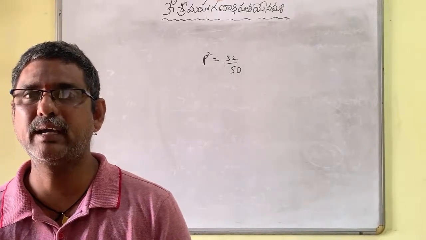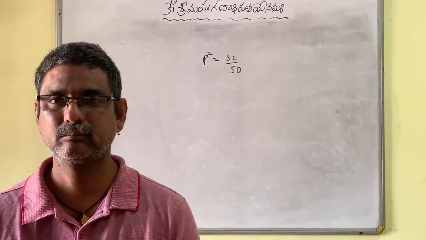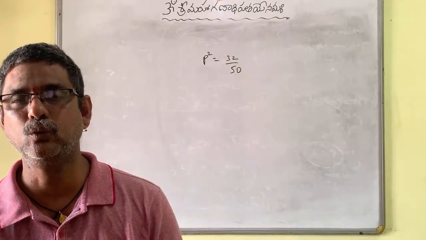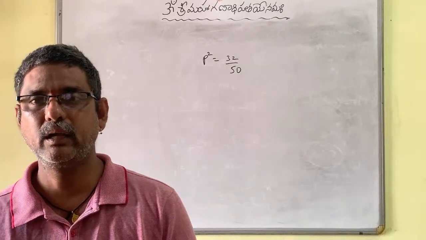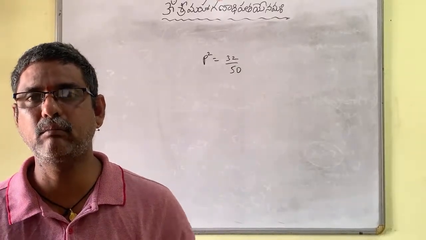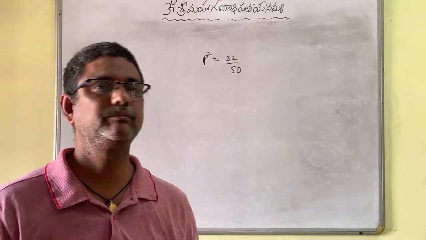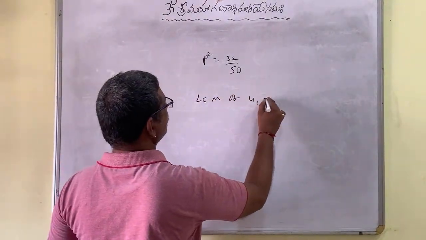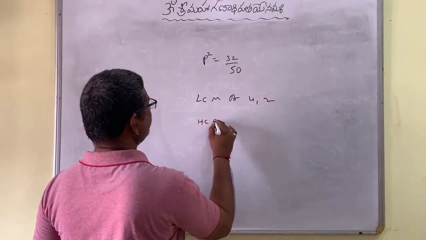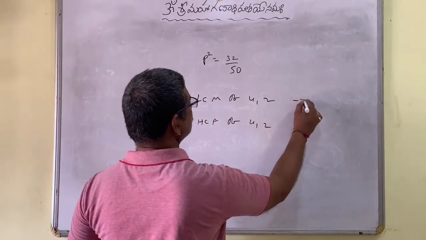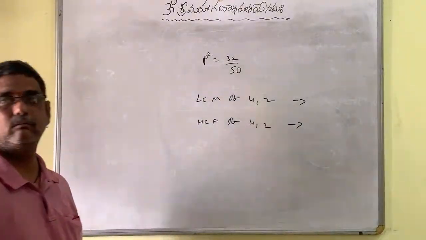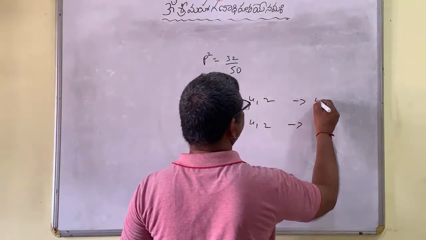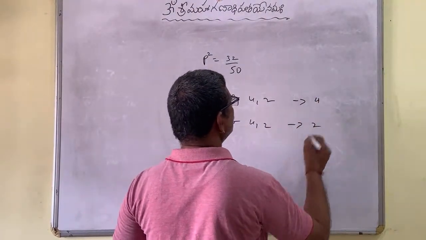Least composite number is 4 and smallest prime number is 2. LCM of 4, 2 is 4, HCF is 2.